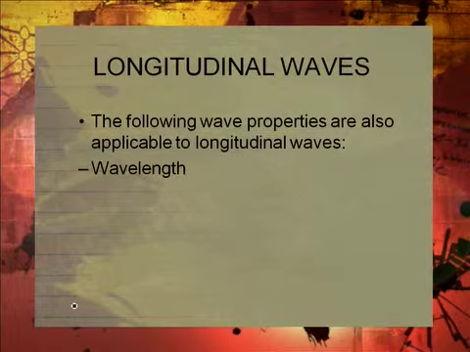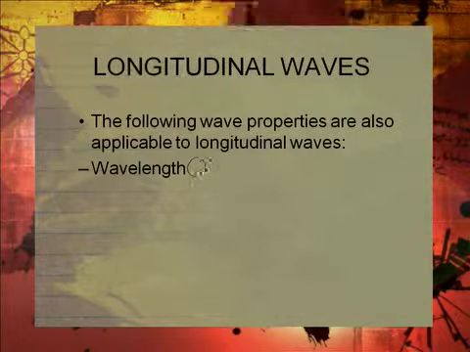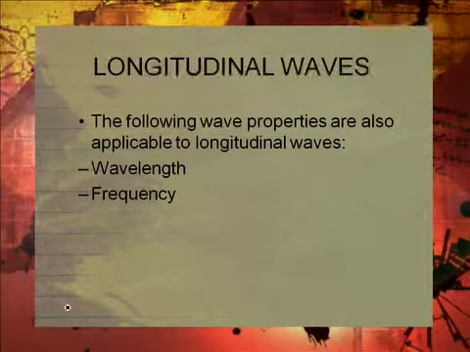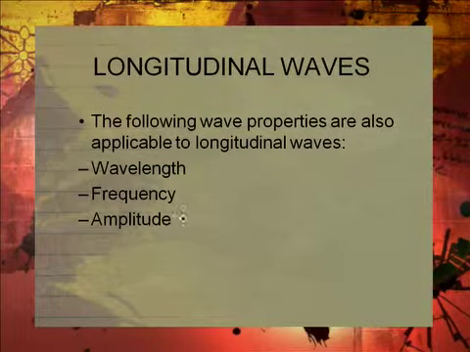Right, continuing with longitudinal waves, the following wave properties will apply to longitudinal waves as well, like we have already started with transverse waves. We know that with transverse waves we had wavelength, lambda. This will also apply to longitudinal waves. These waves also have frequency and amplitude.